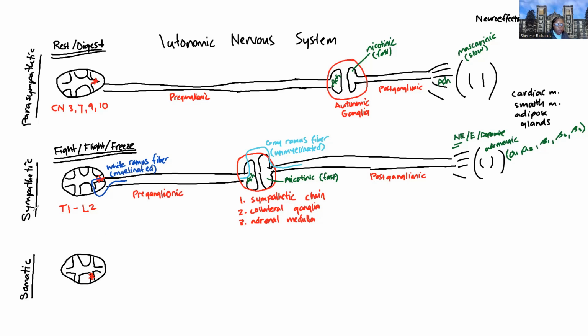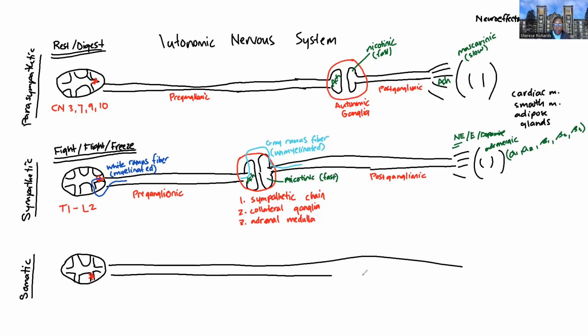And here we're going to have one neuron, one long continuous motor neuron that goes all the way out to the muscle. Okay. Have our neuron ending here, so not a varicosity, and then we have our skeletal muscle.